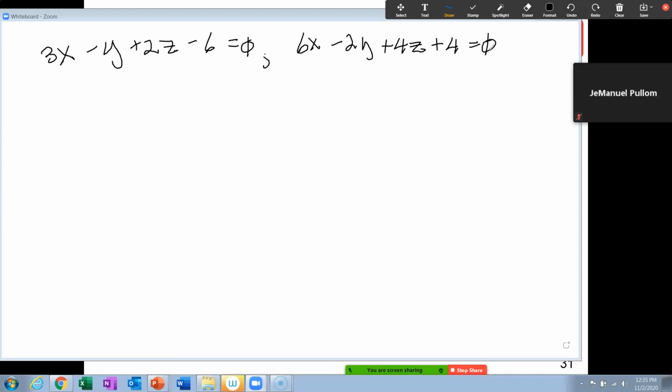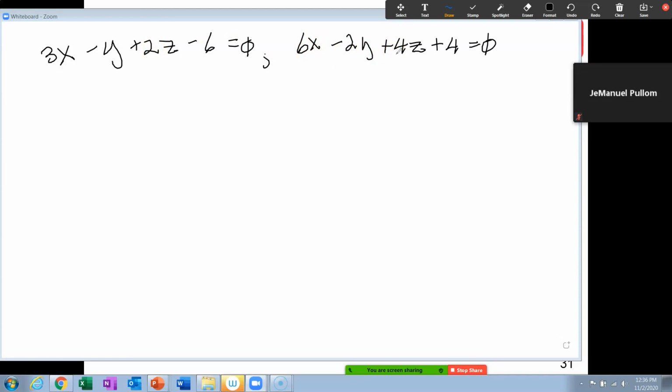Now, the first thing I want to note here is that these are parallel planes. How can you tell? Look at the direction numbers. 3, minus 1, 2. 6, minus 2, 4.